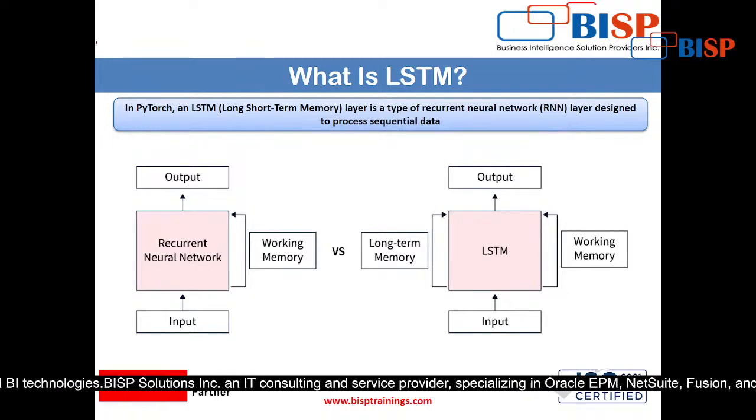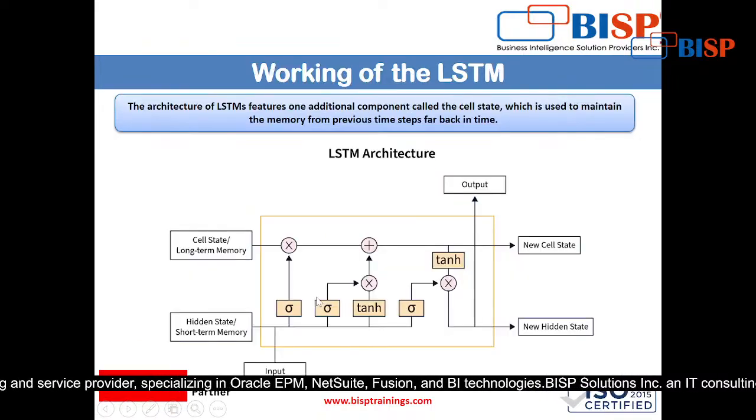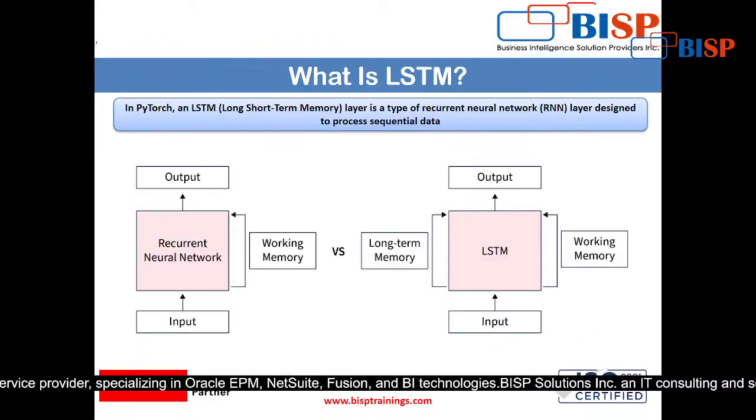let's see this. There are two types of networks we have, RNN and the LSTM. Now you can see here is the input given, and the working memory is this, and the output. Working memory means what is currently working, and long term memory means the memory in which some past historical data is stored, just like the human brain, right?